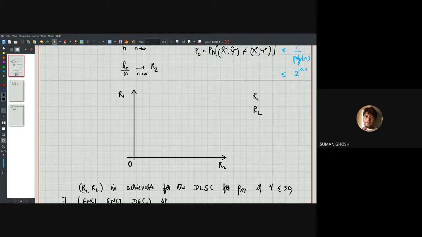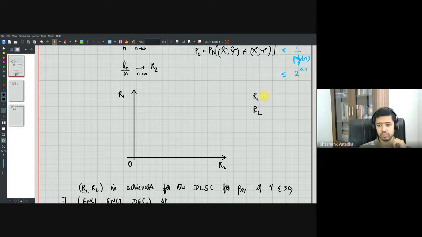Then I can compress R1 to what? H of x. So any R1 greater than or equal to H of x is achievable, and R2 greater than or equal to H of y is achievable, right? So what does this region look like?